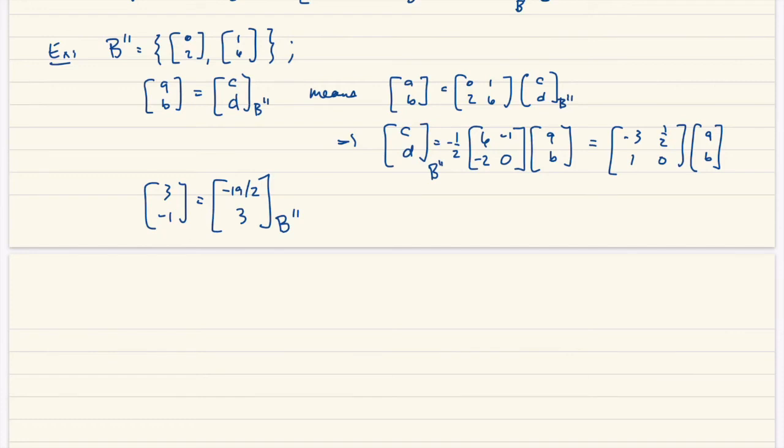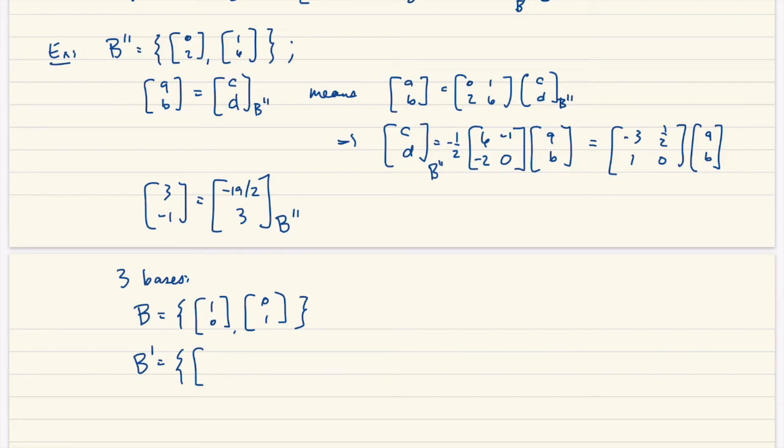So we have our three bases. We have our standard basis, B, which is 1, 0, 0, 1. We have our basis, B prime, which was 2, 1, 5, 3.